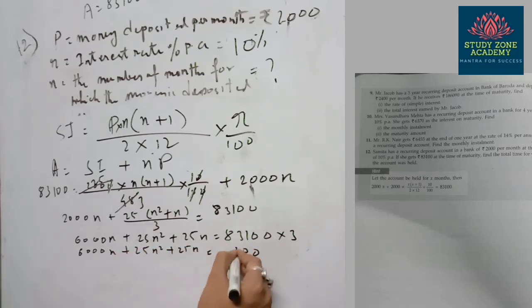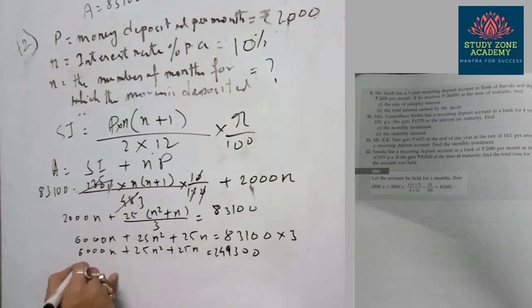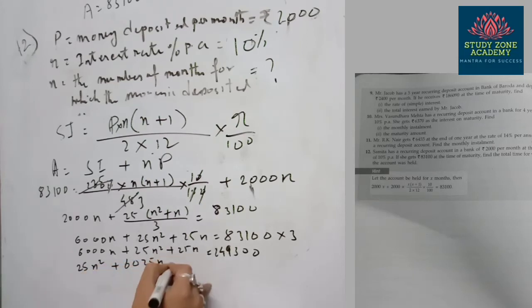This is 249300. Okay, fine. Let us adjust these values. Let us shift this thing here. 25n square plus 6025n minus 249300.